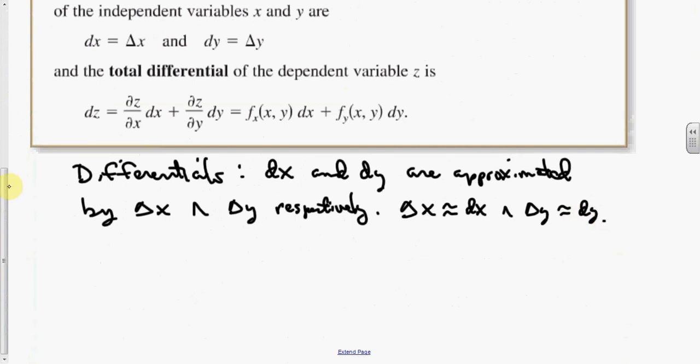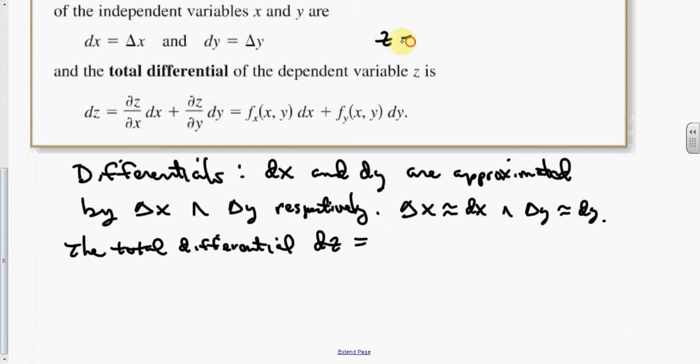So we can talk about the so-called total differential. Here we call it dz, which makes use of partials, since the function z consists of a function of two variables.